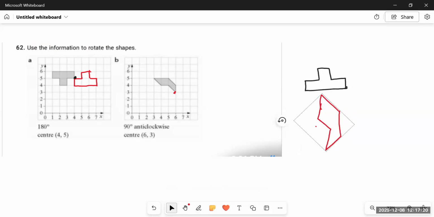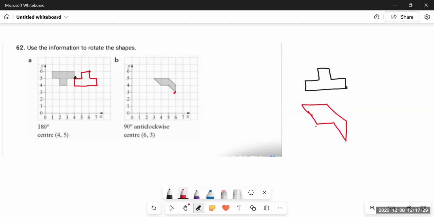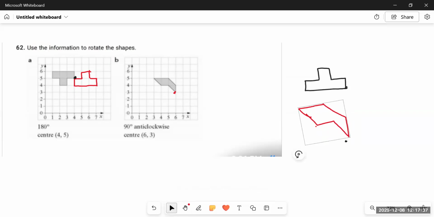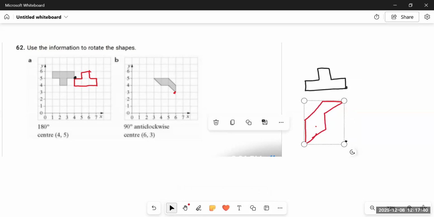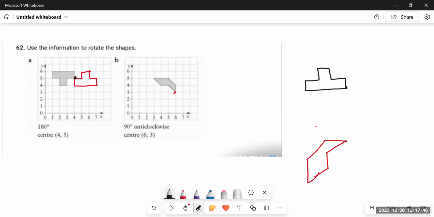If we rotate it 90 degrees clockwise, it would look like this. But when we rotate it 90 degrees anti-clockwise, let's say this is the center point. So how would it look? It would look like this, right? So we will draw an image. This would become like this.